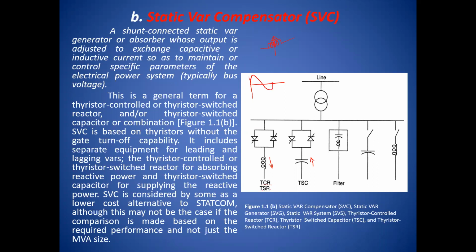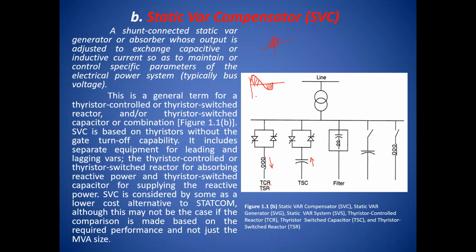So by varying the firing angle, we are able to conduct this much current. So here, if you change the firing angle, again the current in the reactor is going to change, isn't it? Therefore, it is called a thyristor controlled reactor. Second is the thyristor switched reactor.